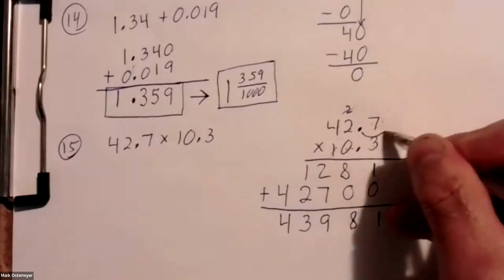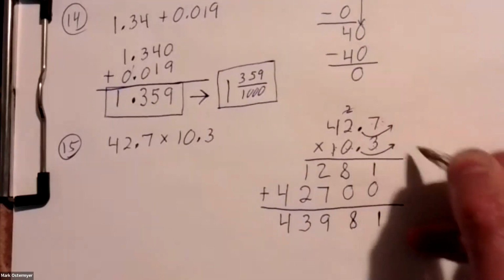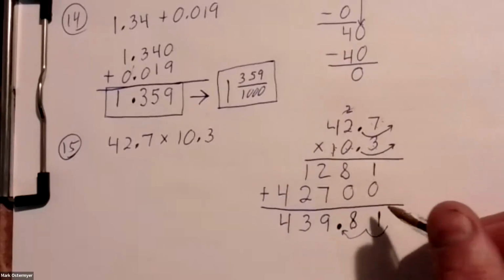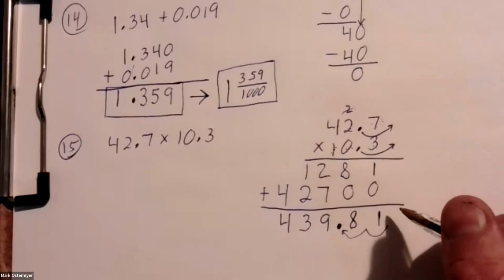Decimal point. 1, 2 total places to the right, correct? Yes. So 2 to the left now. 1, 2. That'd be your answer, 439.81, okay?